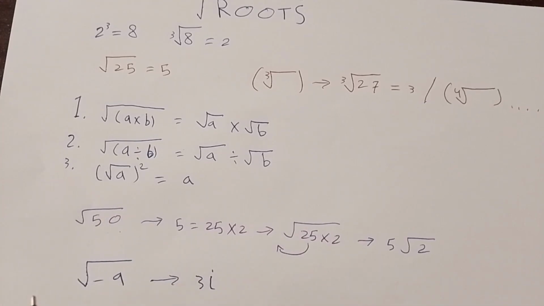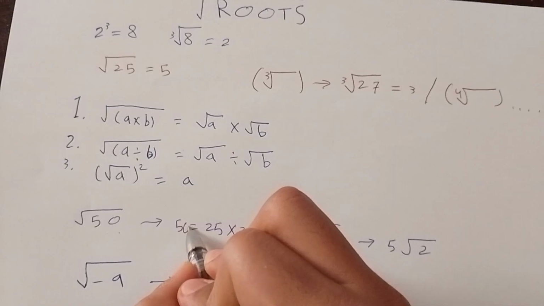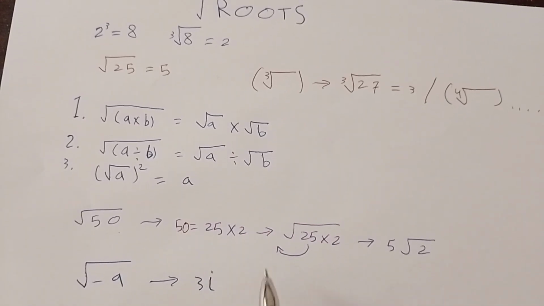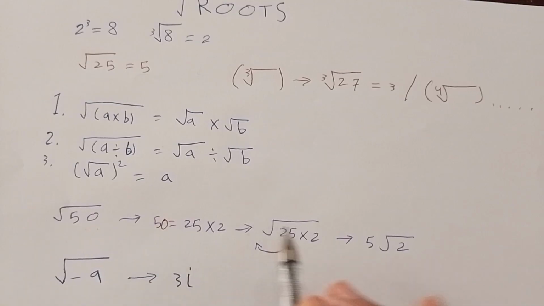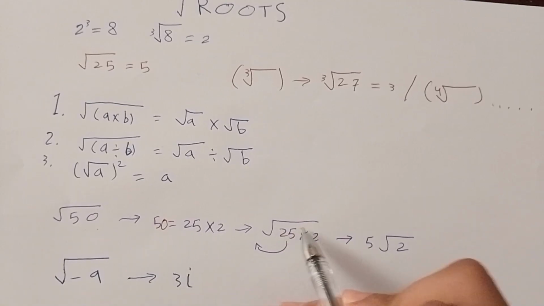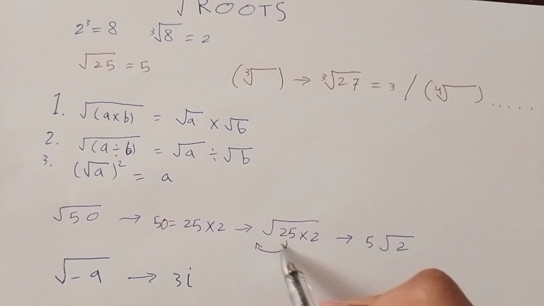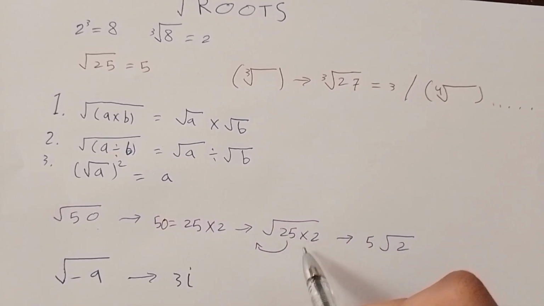So instead we will do this: 50 is equal to 25 times 2. So analyze it inside the root: the square root of 25 times 2.